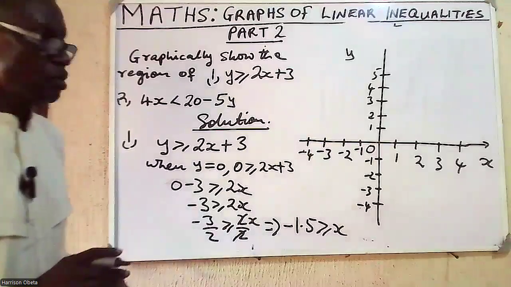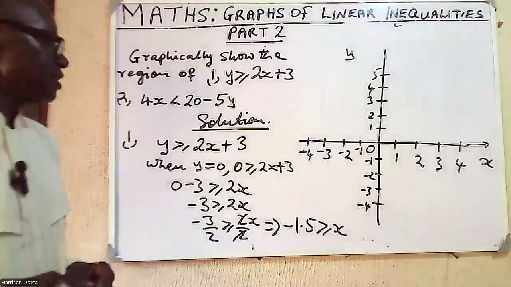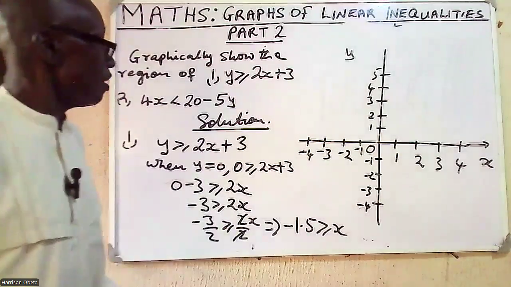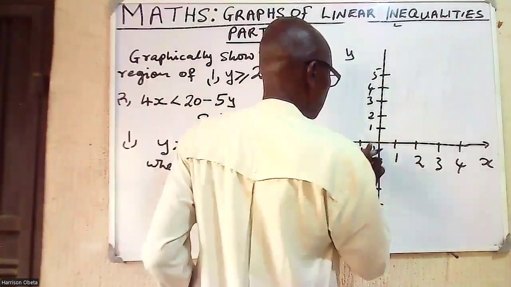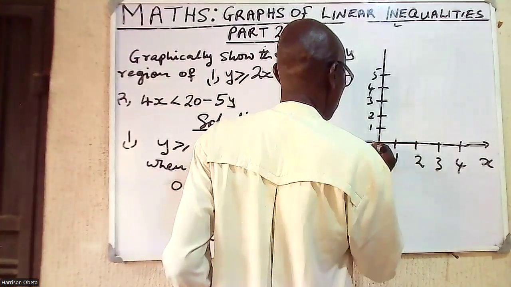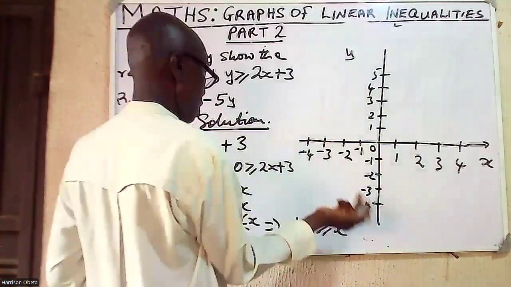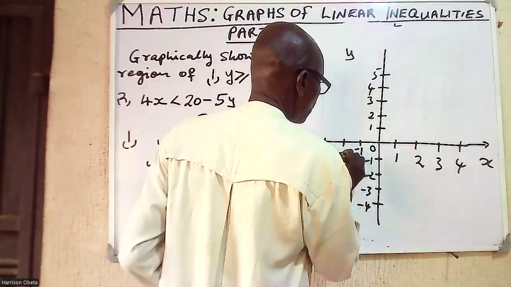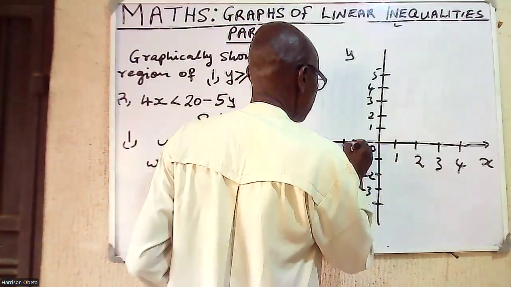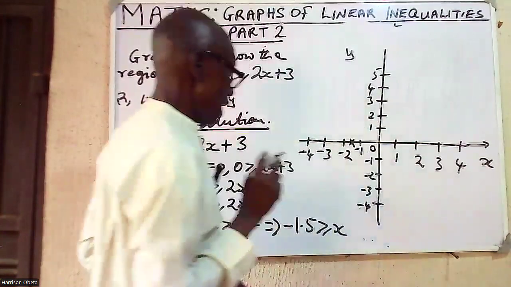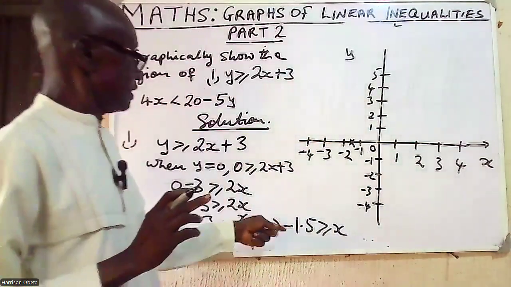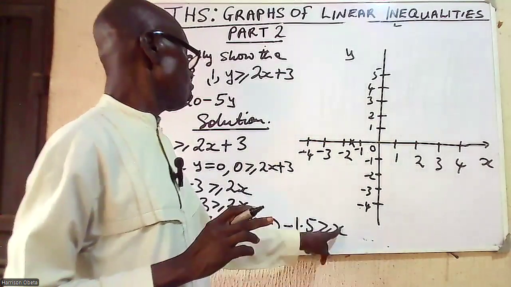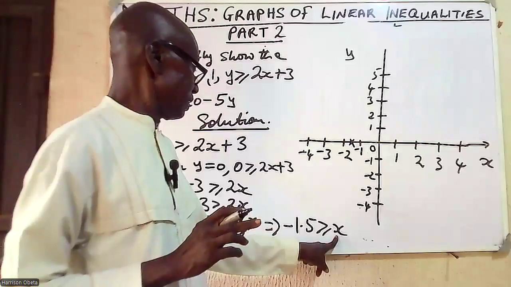That means the line will pass through the x-axis at the point minus 1.5. So this is our 0, this is minus 2, so minus 1.5 should be between minus 2 and minus 1. And remember that minus 1.5 is greater than or equal to x.